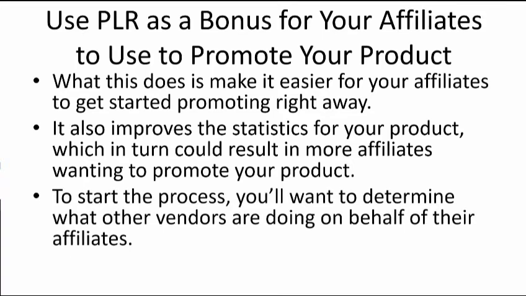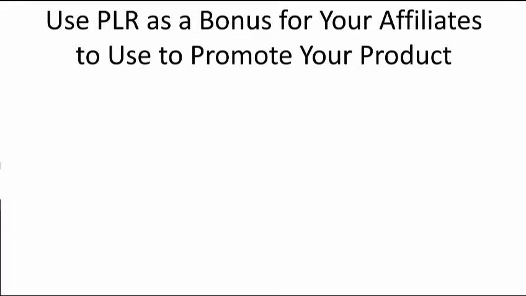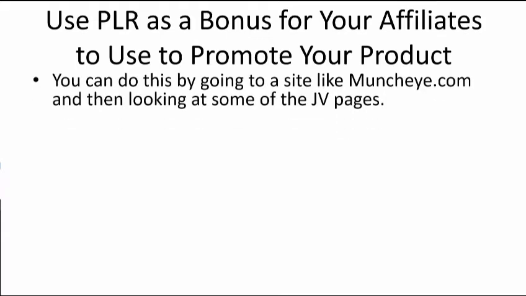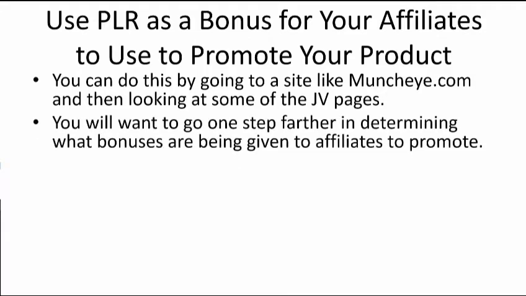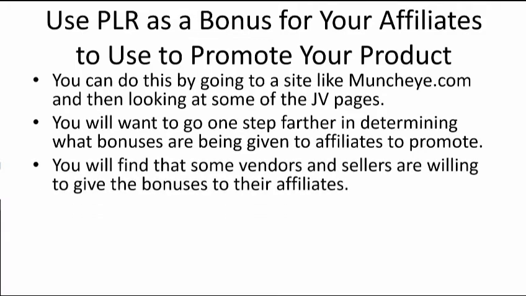Now, to start this process, you are going to want to determine what other vendors are doing on behalf of their affiliates. And you can do this by going to a site like muncheye.com and then looking at some of the JV pages. Now, you will want to go one step further in determining what kinds of bonuses are being given to the affiliates to promote those products. You will find that some vendors and some sellers are willing to give the bonuses to their affiliates.